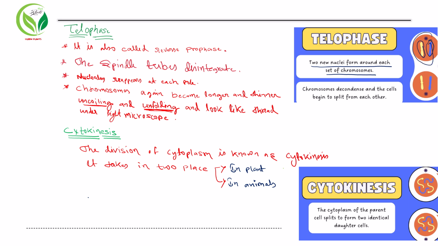This is going to form a set of chromosomes. Chromosomes decondense as the cell begins to split, and because of this opposite direction, it is also called reverse prophase.